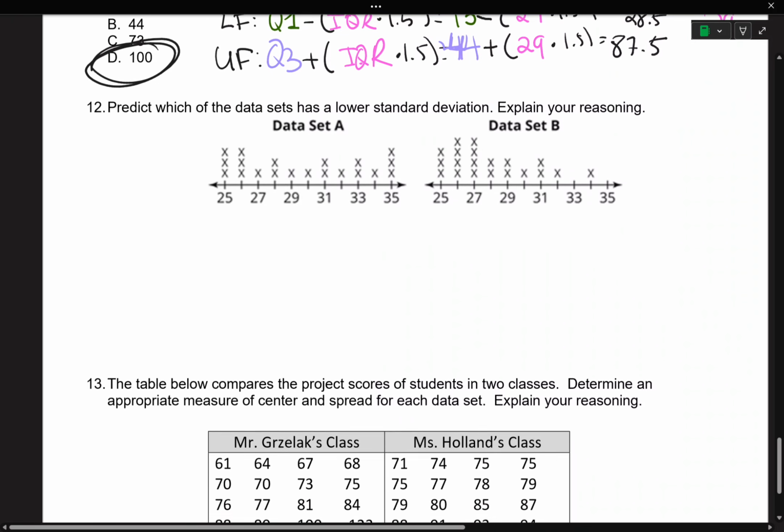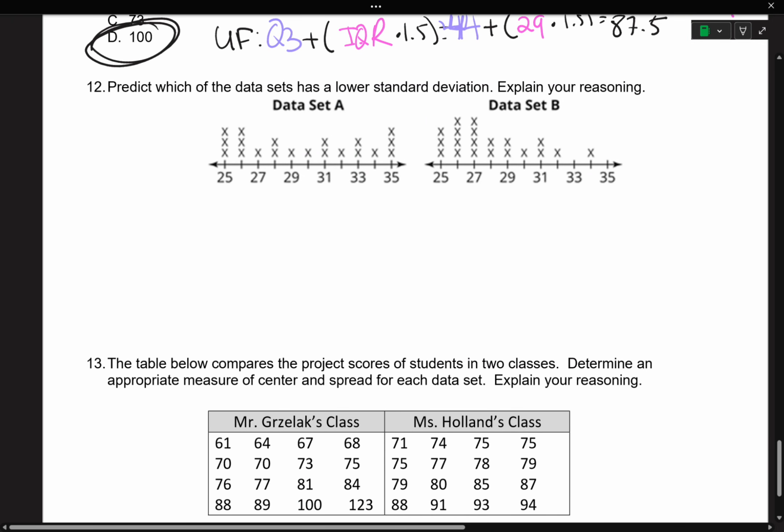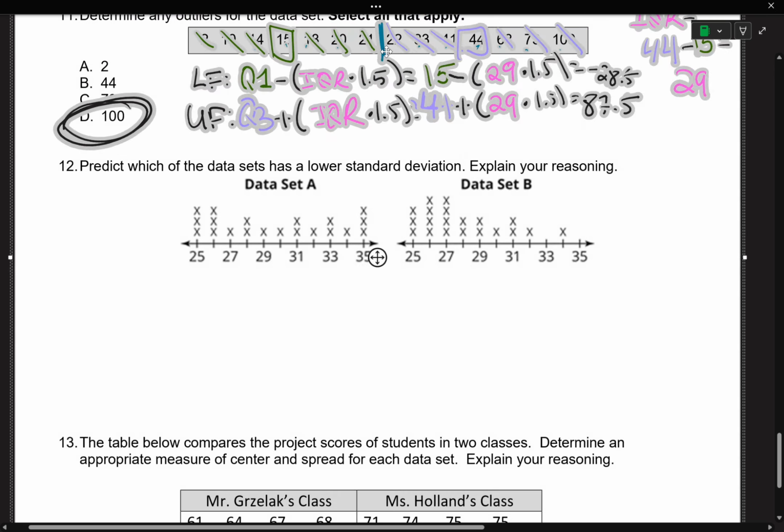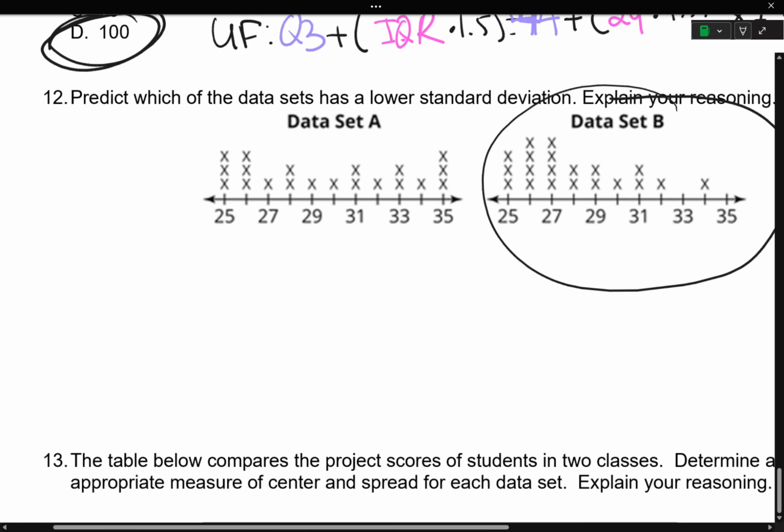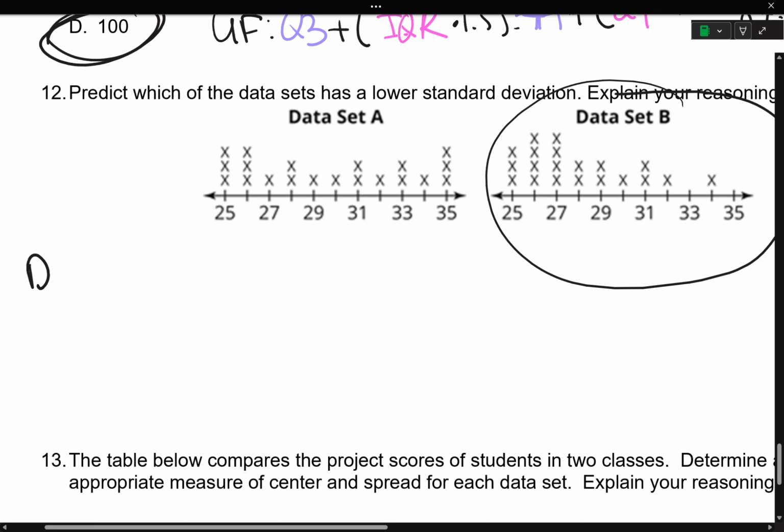Number 12. Predict which data set has a lower standard deviation. So standard deviation is a measure of spread. So the lower the spread, the more clumped together the things are. The dot plot is. So to me, that looks like, whoa, like data set B. And let's write this in my best handwriting.